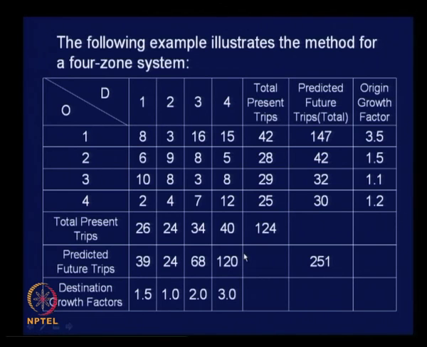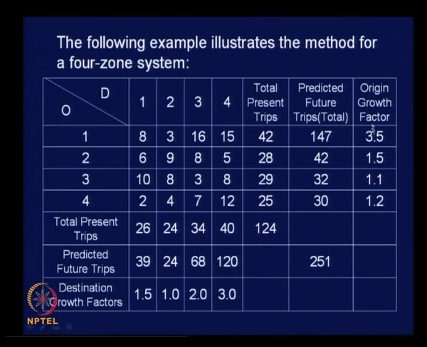The horizon year trip origins and trip destinations zone-wise would have been already calculated by us using the trip generation model. Then using these totals, you calculate the destination growth factor and origin growth factor, one divided by the other. The values are as given here: 1.5, 1, 2 and 3, 3.5, 1.5, 1.1 and 1.2.